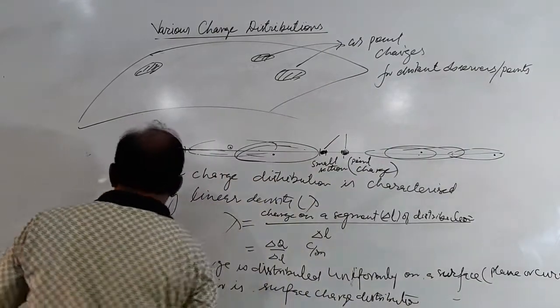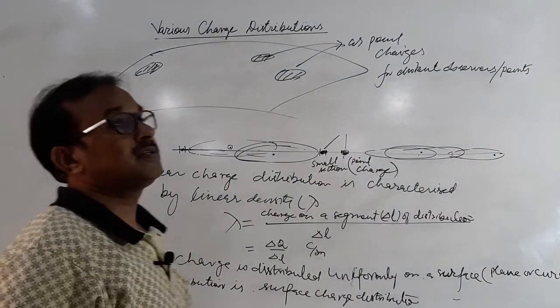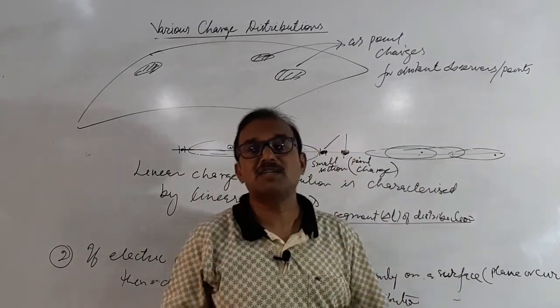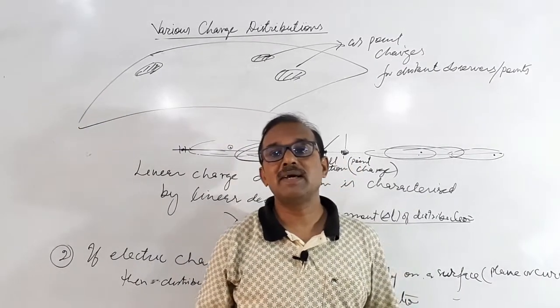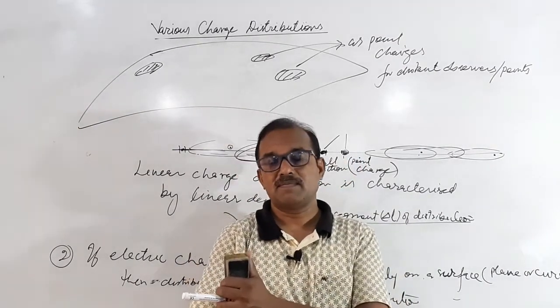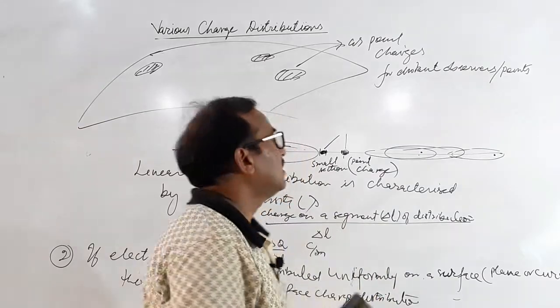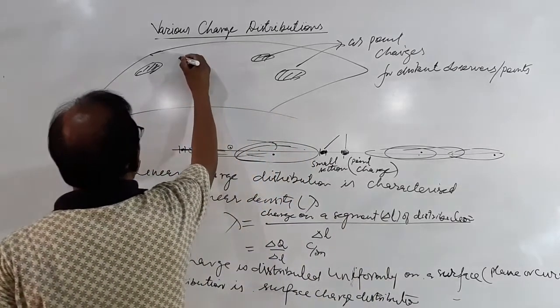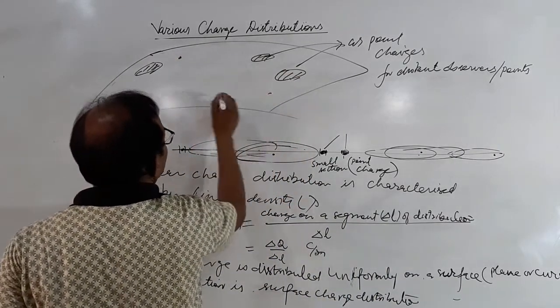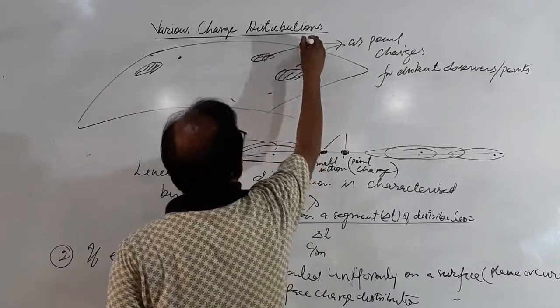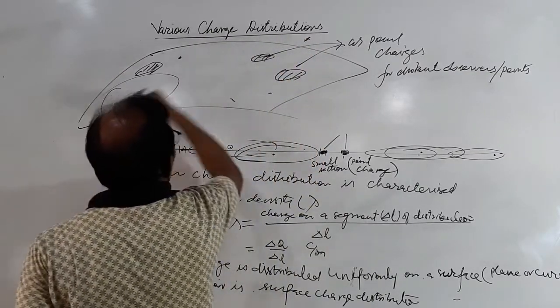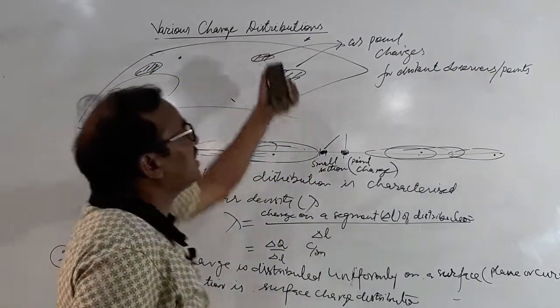So this surface charge distribution is characterized by surface charge density. This point is not influenced by these charges because they are far away from it.